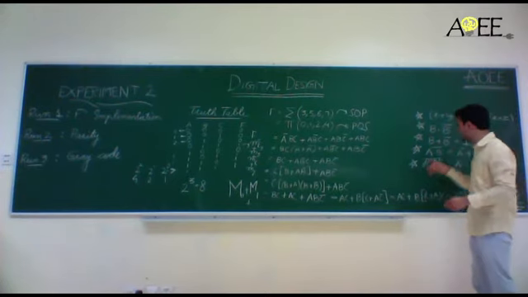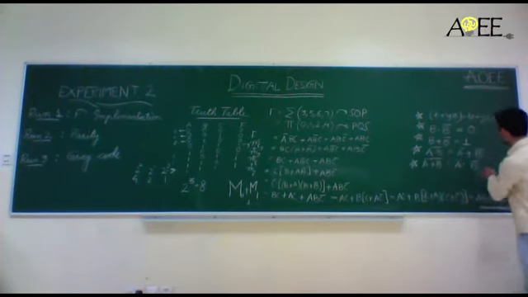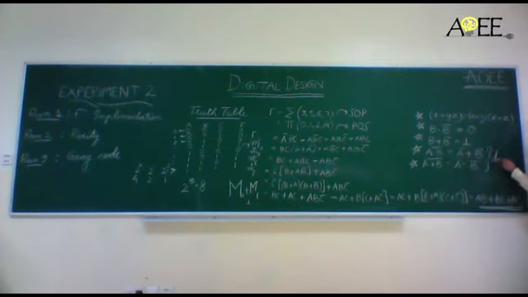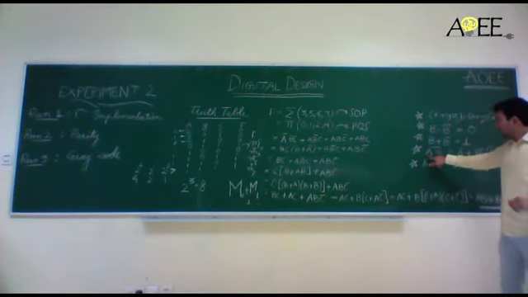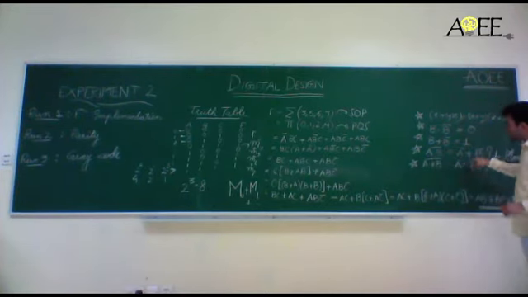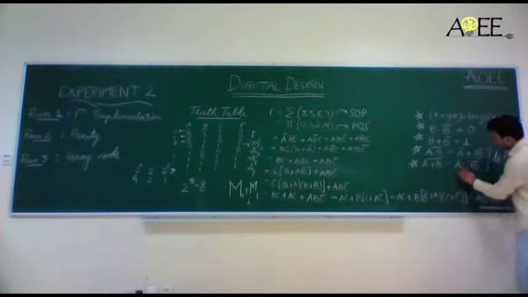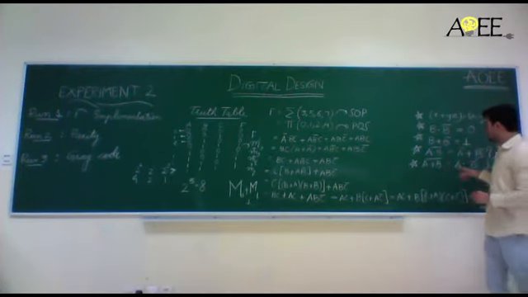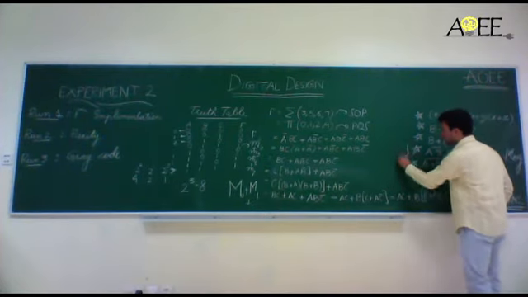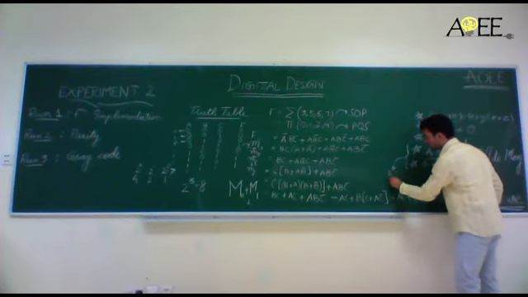Then these two are known as De Morgan's law. So (a into b) bar is A bar plus B bar. (A plus B) bar is A bar into B bar. These will be used in a bubble pushing method, which will be described later.